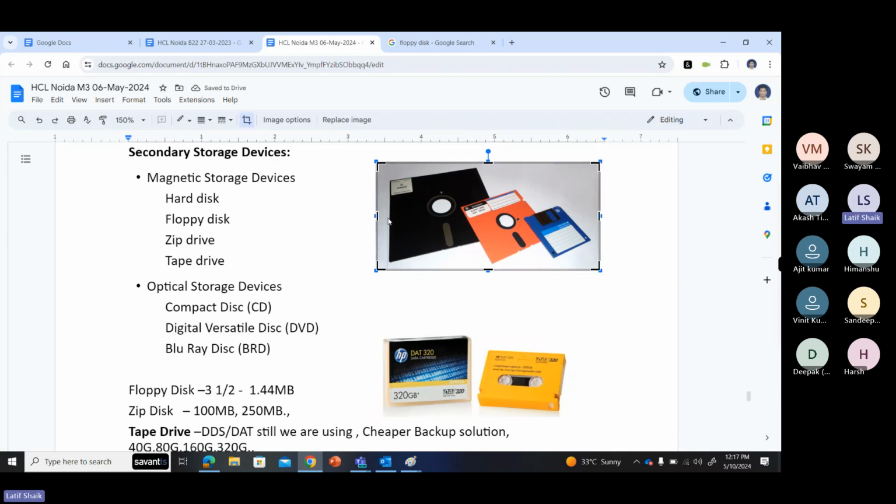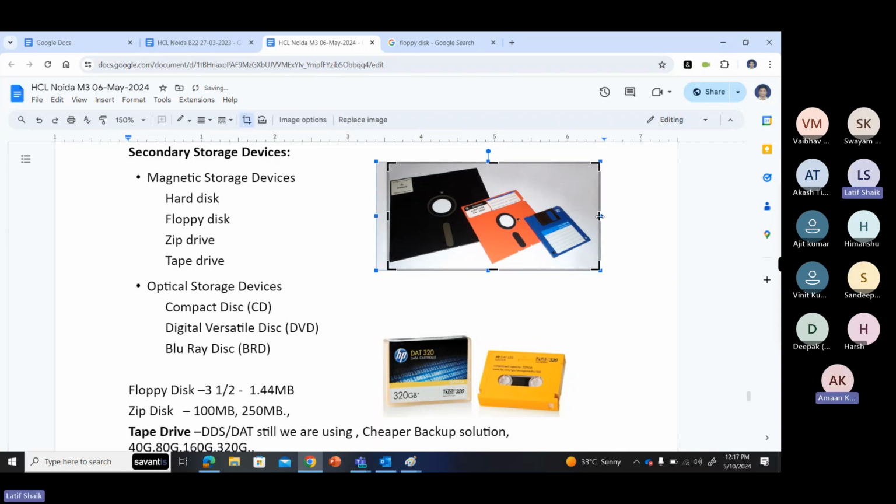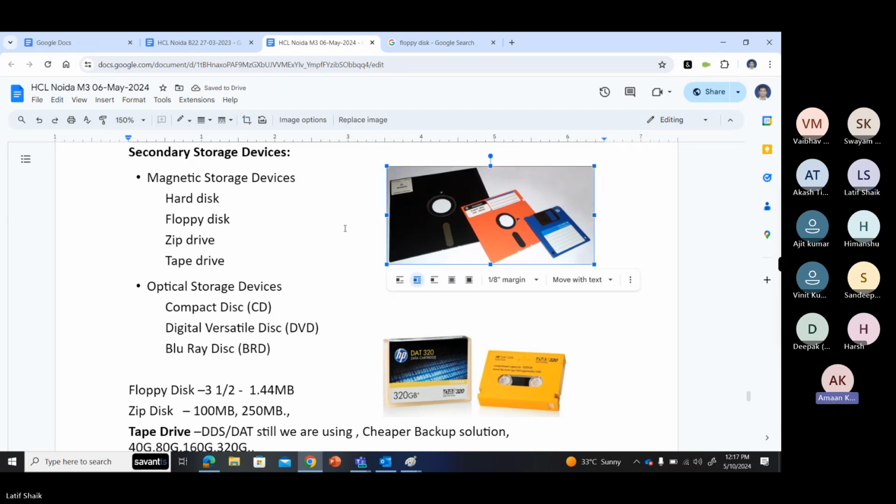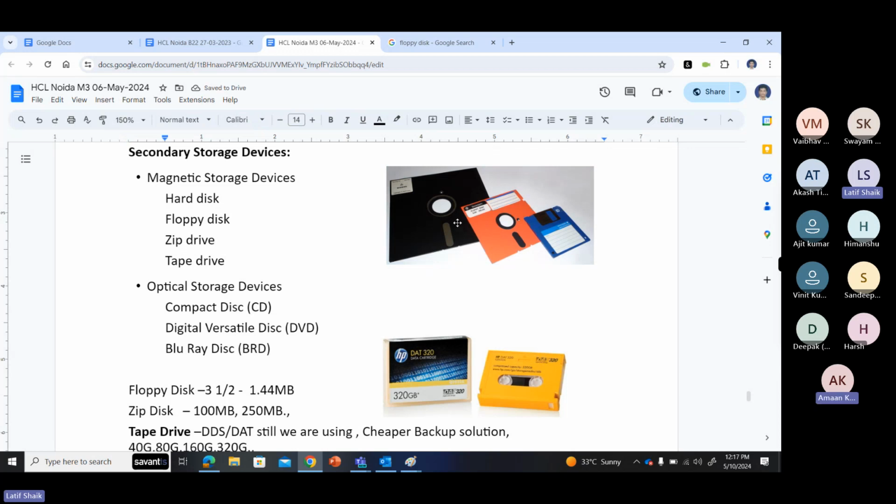We can reduce the size to make it much smaller. Okay, so this is a different floppy disk, different sizes of floppy disk are also available.